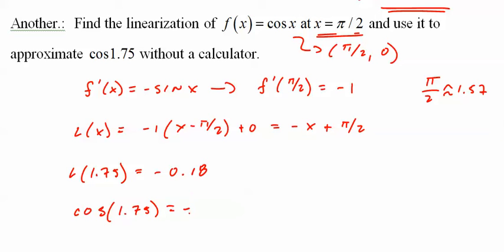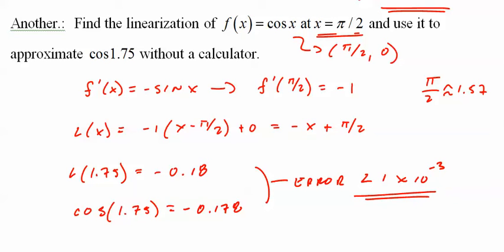And in the calculator, negative 0.178. So it's close. It's really not that far off, which is surprising. So again, the error is less than 1 times, in this case, 10 to the negative third. You can play with that and see where it takes you.